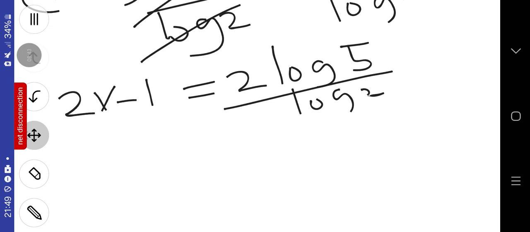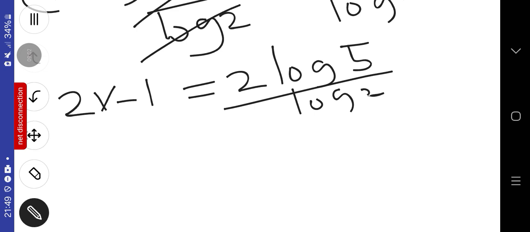The next thing that we are going to move is minus 1. You can see minus 1 is attached to x, so we are going to move minus 1 away from x. It's attached by subtraction, so it moves to the other part of the equation to become addition.